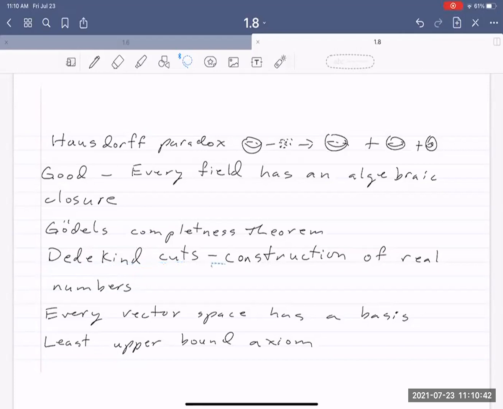And you can actually construct real numbers, assuming that you have these Dedekind cuts. So you can construct real numbers if you have the axiom of choice. It's very difficult if you don't have the axiom of choice.